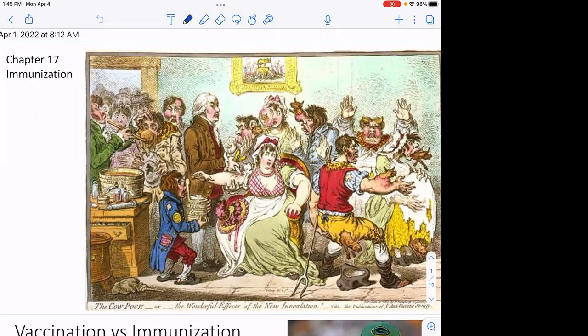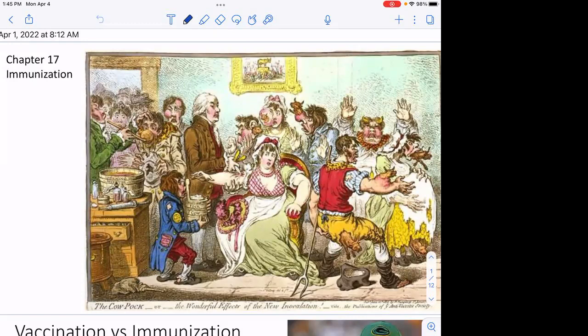So he reasoned that maybe cowpox was a milder form of smallpox. To test that theory, he scraped off some lesions from somebody that had cowpox and inoculated that scab into a young boy's arm. So they called it variolation.